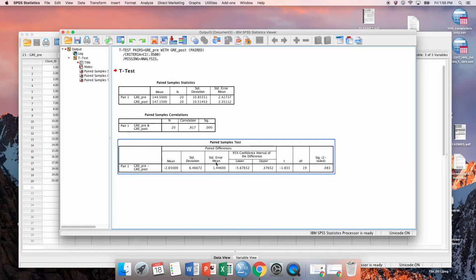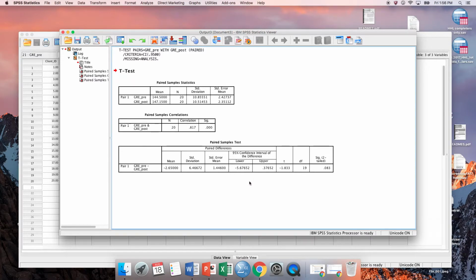So let's take a look down here at the paired samples t-test. The paired samples correlations SPSS will give you, but this isn't really particularly helpful to us. Of course, we assume that people have a correlation between their pre and their post scores because it's the same person taking the test. So we'll just ignore that for now.